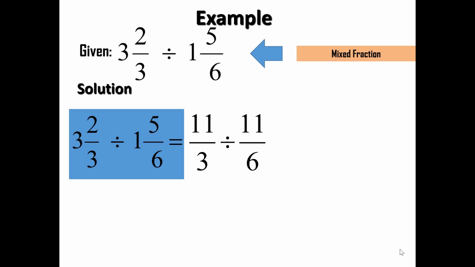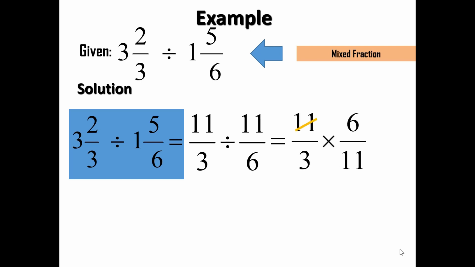So, review lang natin. Yung whole number, multiply natin sa denominator, and yung sagot natin, i-add naman natin sa numerator. So, yung 3 times 3 is 9, plus 2 is 11/3. And then, 1 times 6 is 6, plus 5 is 11. So, divided by 6. So, we have now 11/3 divided by 11/6.